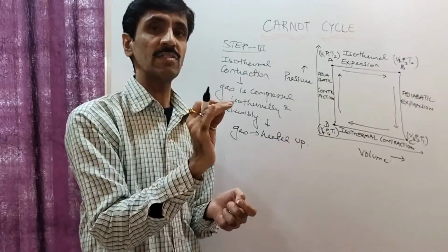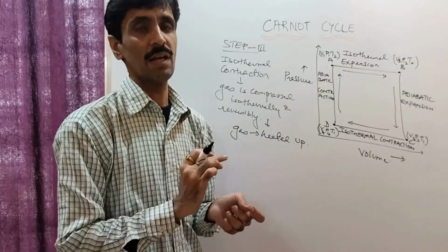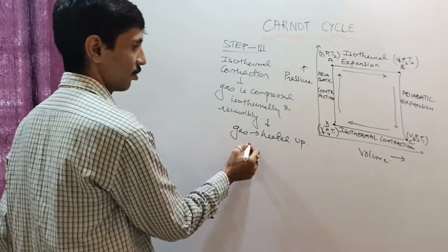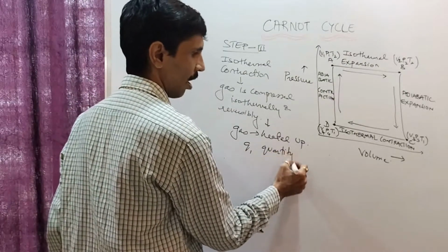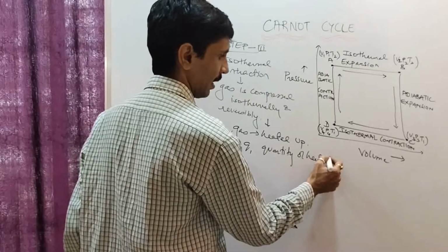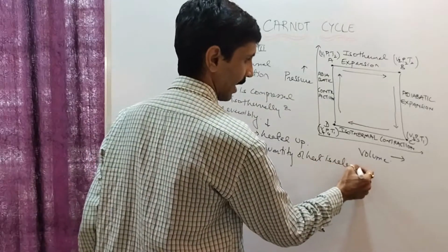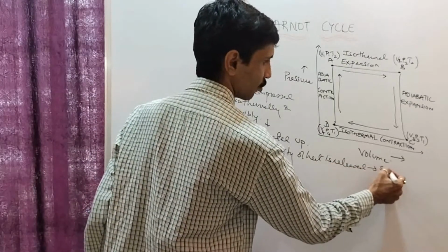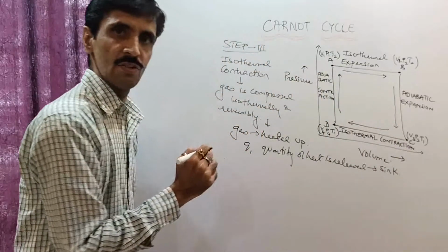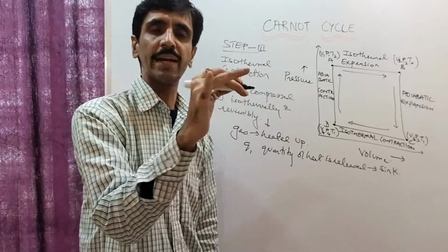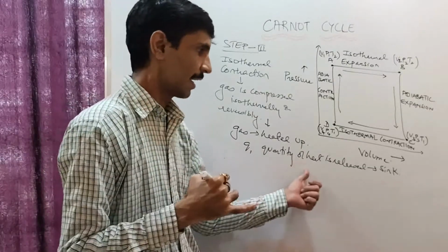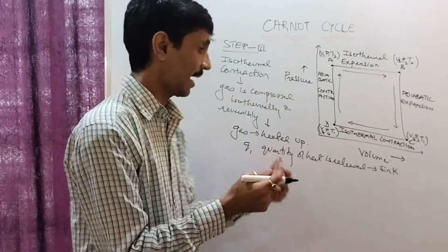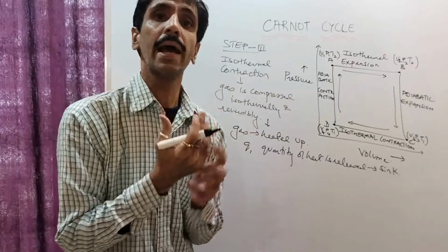Now I want to maintain the isothermal condition, and because of that, the Q1 quantity of heat is being released. When it is being released, that means it will go towards the sink. Previously we had a source when I talked about a hot reservoir. Now when I refer to a cold reservoir, it goes to the sink where that heat release will be absorbed.